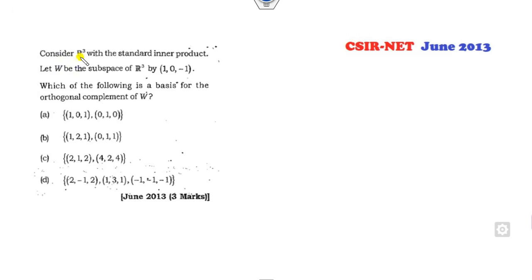Look at this another one. R cube has the standard inner product, that is element wise. Fine. W is the subspace spanned by 1, 0, minus 1. Which of the following is the basis of the orthogonal complement? You have to find this property. Fine.